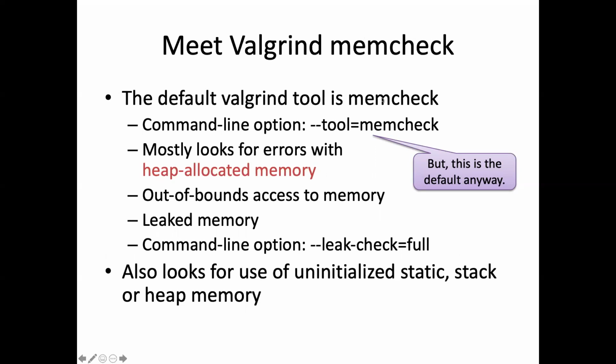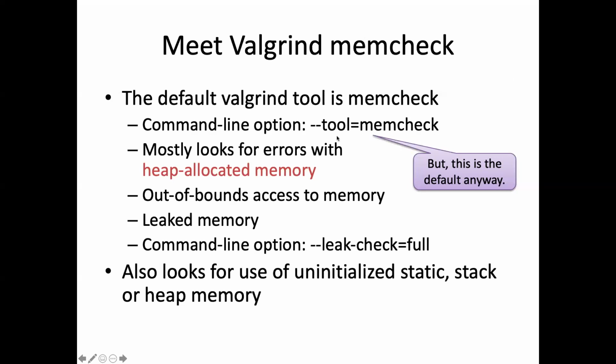By convention, if they have an option that's more than one letter, many programs will put 2 dashes in front of it instead of just 1. So dash dash tool equals memcheck says to valgrind, I want you to use your memory checking tools as you're running my program. You usually don't have to say that because memcheck is the default for valgrind, but you can say that, and I wanted to mention the tool.